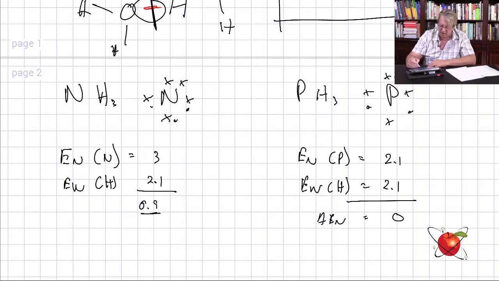Essentially, this molecule, with the hydrogens coming in over there, it's an equal sharing situation, right? Why? Well, because there's no difference in electronegativity. So this is almost pure covalent. What is pure covalent? Sharing of the electrons. So in other words, the electrons are going to be evenly distributed.